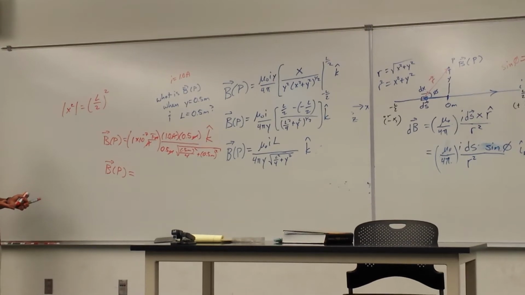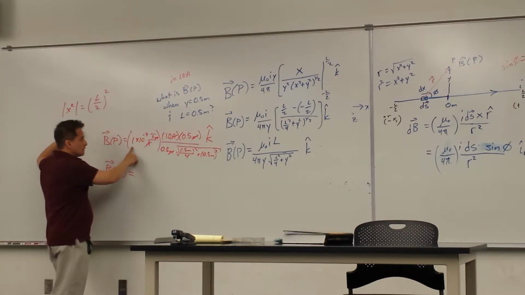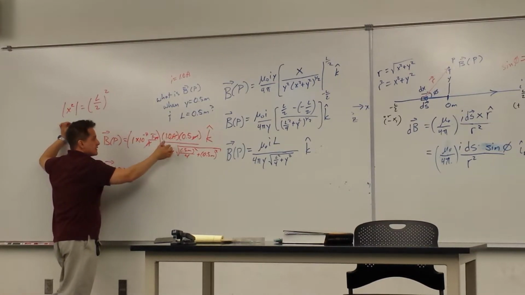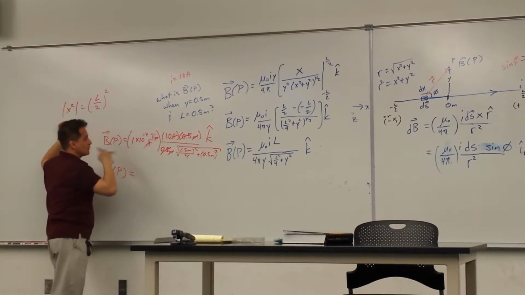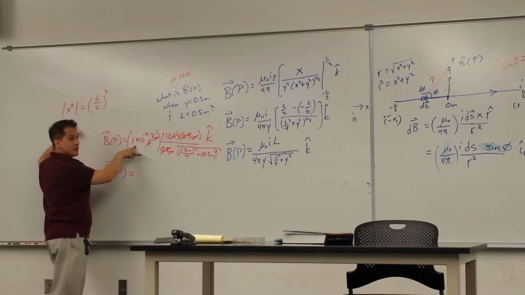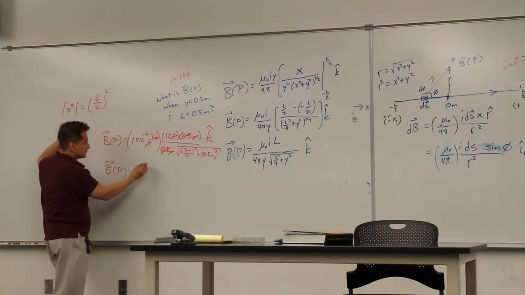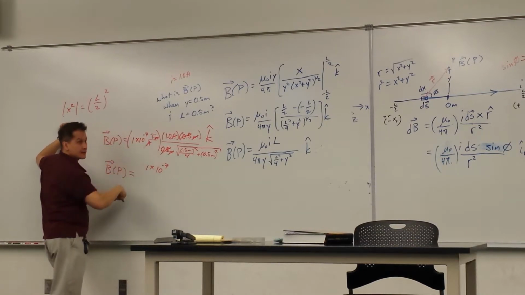So then this gives us basically the 0.5s in this case cancel out, which is nice. So I'm left basically with meters over here, 1 times 10 to the negative 7th. The meters are all going to cancel out.